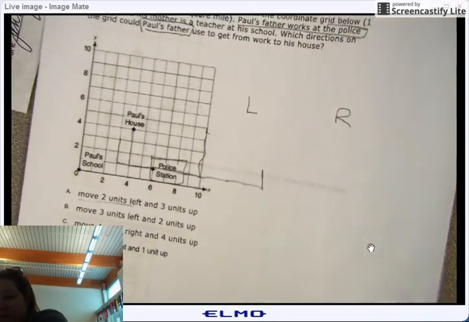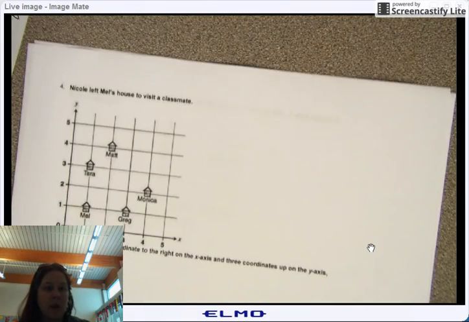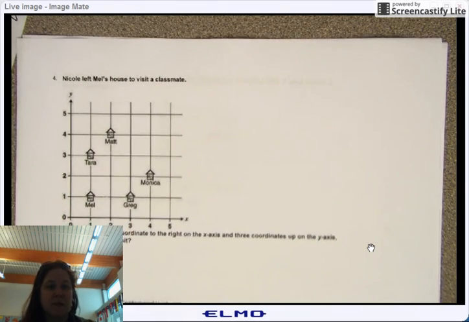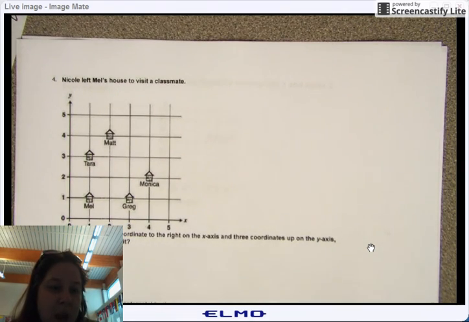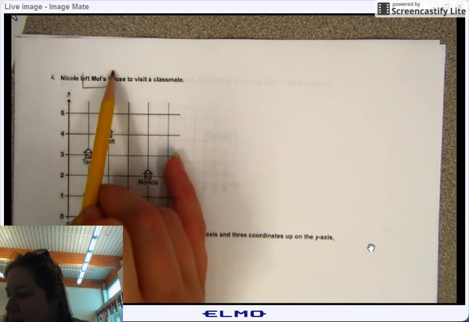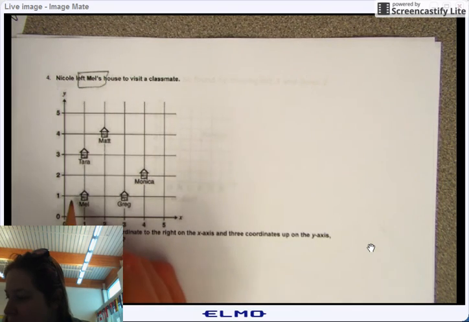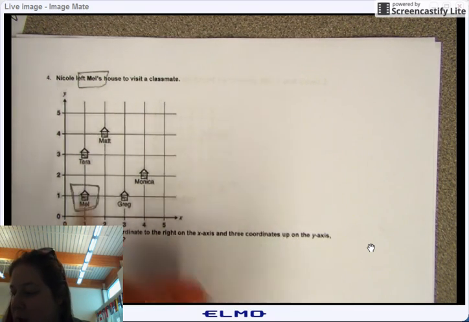Looking at question number 4. Nicole left Mel's house to visit a classmate. If she traveled 1 coordinate to the right on the x-axis and 3 coordinates up on the y-axis, who did Nicole visit? Who is she leaving? She's leaving Mel's house. So we need to start here. That's our starting point.